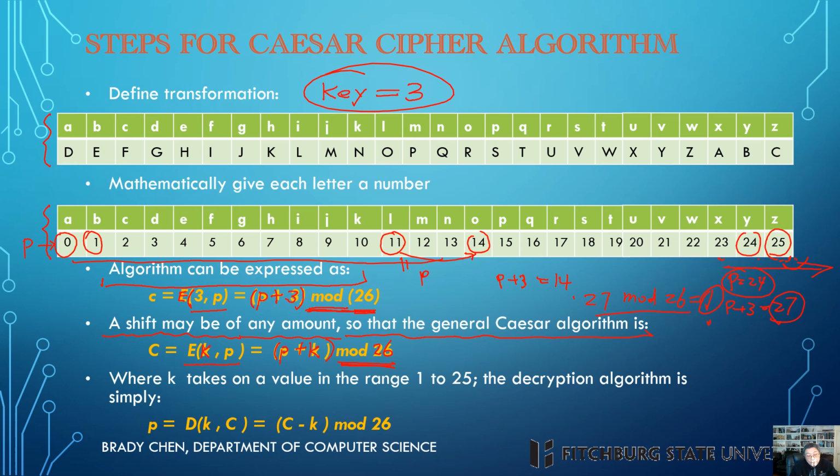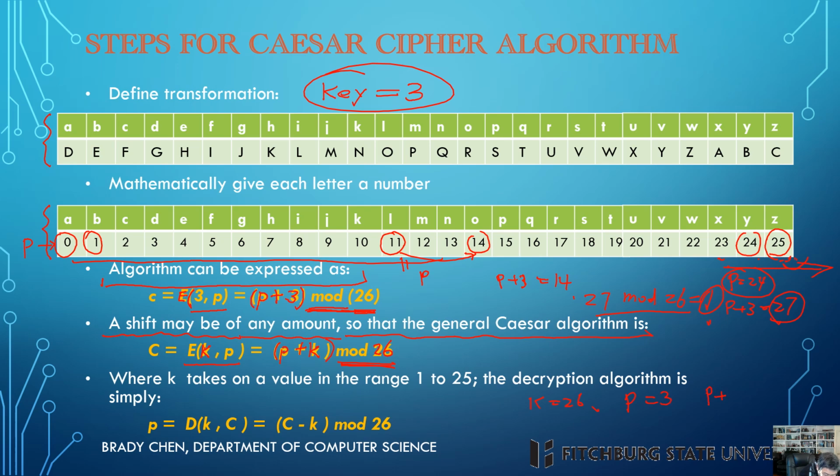Now, what about if K is 26? With the modular operation, if K is 26, it's almost like we're not doing shifting at all. For example, if K is 26 and the plain text P is 3, what is the answer?